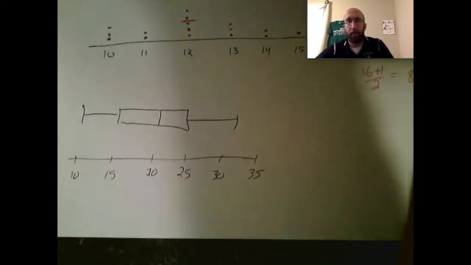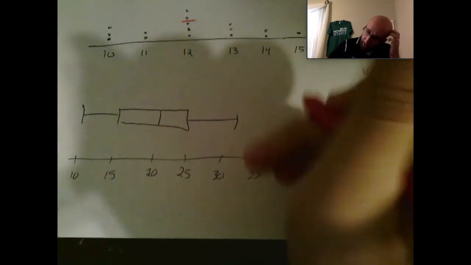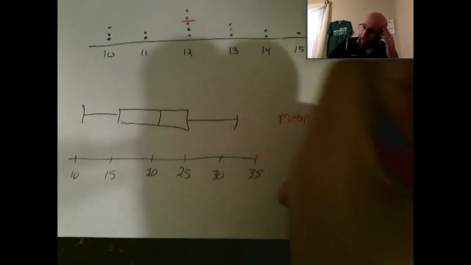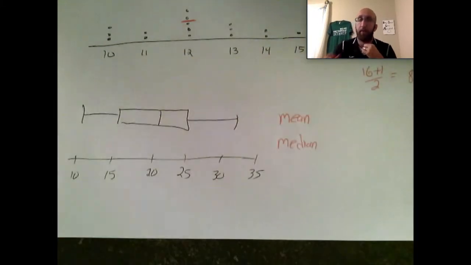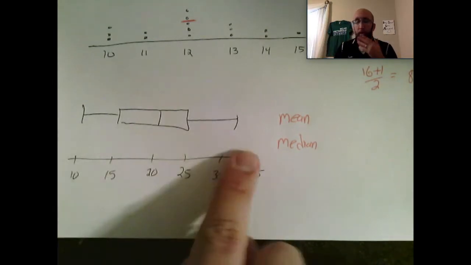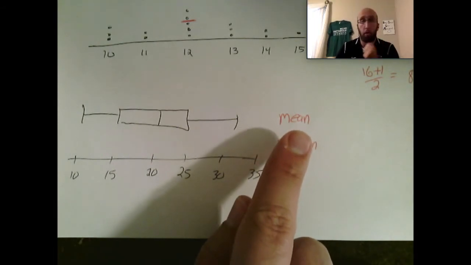And then finally, we have our box and whisker plot. So when I'm talking about center, with the mean, I would need to know every single data point, and I would need to know the total amount of data points. Okay, so with a box and whisker plot, I know some of my data points, but I don't know all.